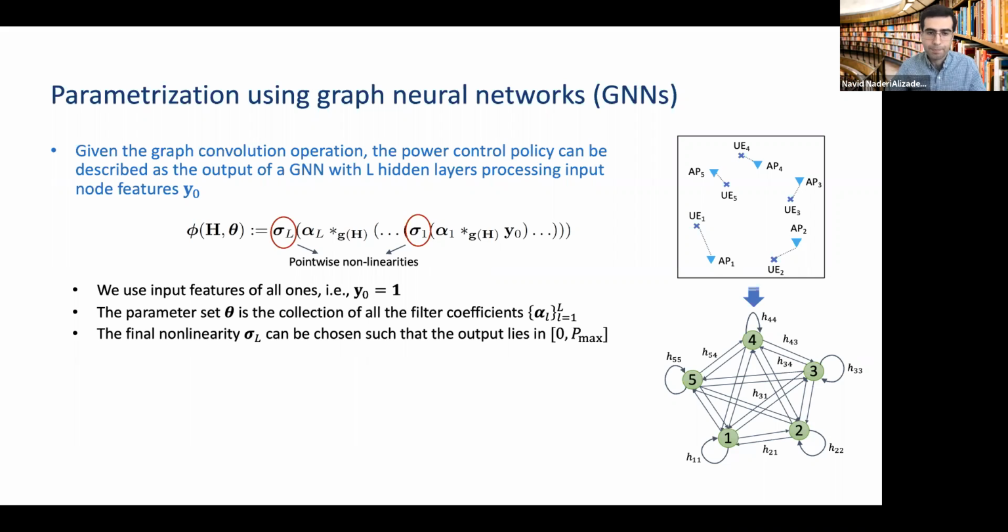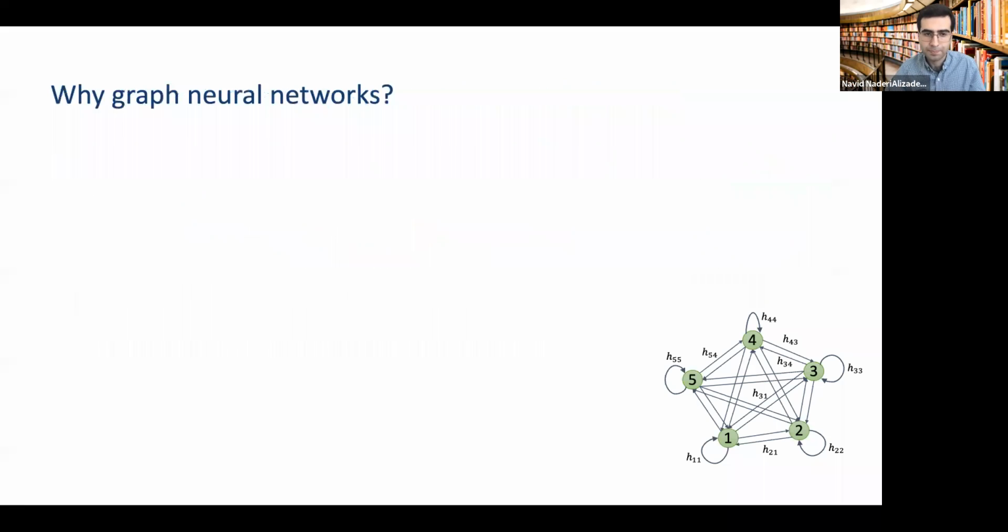The final nonlinearity at the L-th layer, at the output of the GNN, can be chosen, for example, as a sigmoid function, so that we satisfy the power constraints for the access points. For example, you can just use a sigmoid and then scale it by P max so that you're sure it lies in the desired interval.